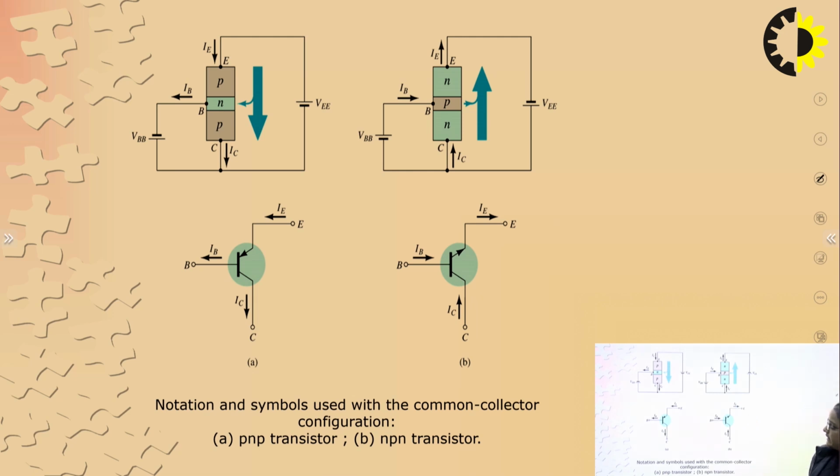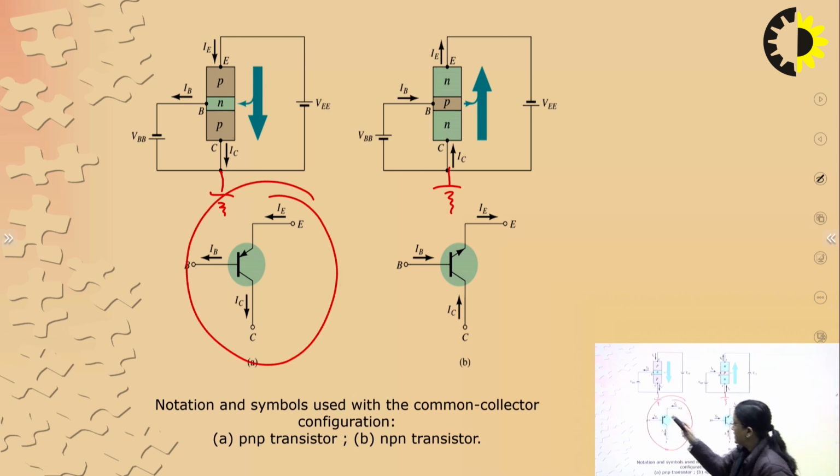This is the circuit diagram, in which we are noticing that your collector terminal is grounded. So in common collector, this is the example of a PNP transistor, and this is the example of an NPN transistor.